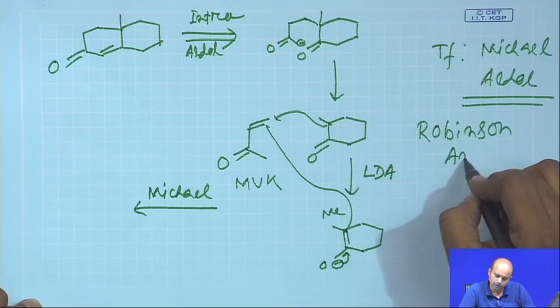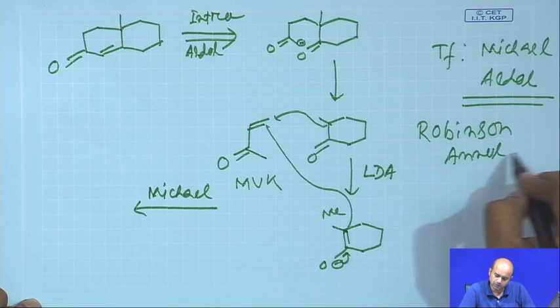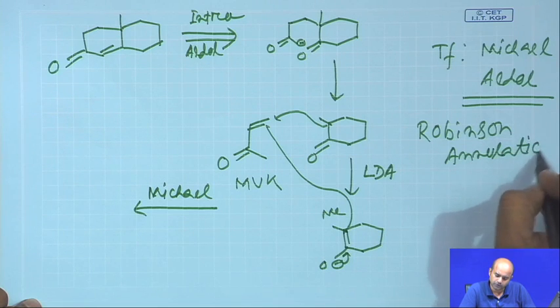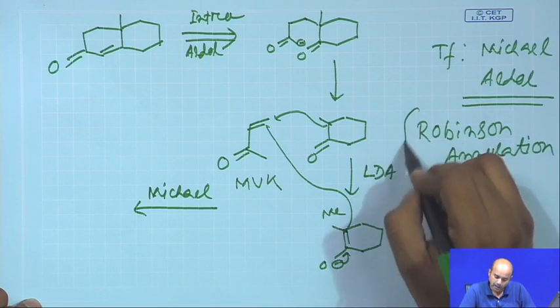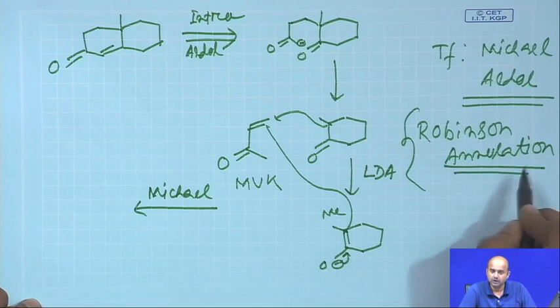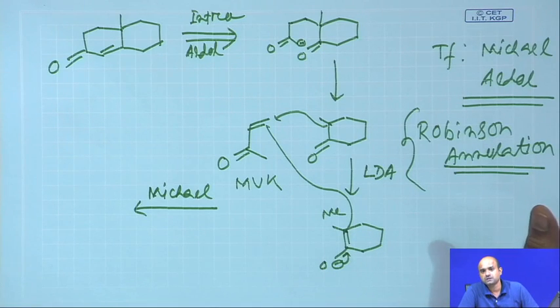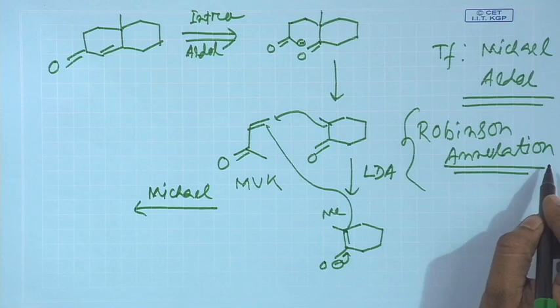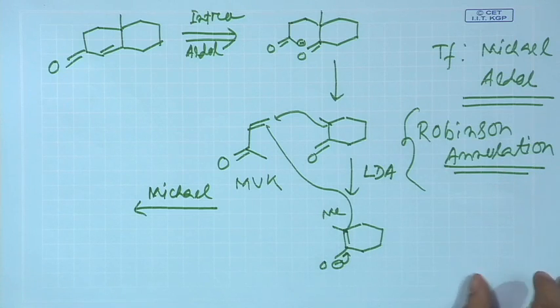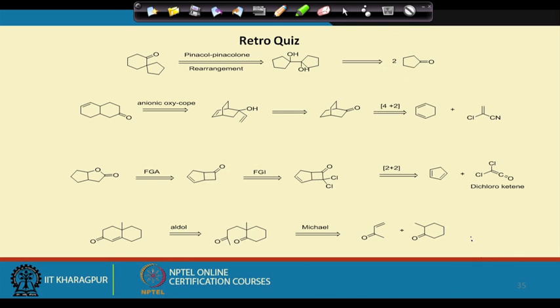Robinson is Sir Robinson, who made a significant contribution in the field of organic synthesis, and annulation means a ring-forming reaction. Annulations are very useful where you have the possibility of forming a ring. This is a simplified version of annulation, but this usually follows a Michael as well as aldol transformation based on the overall pathway.